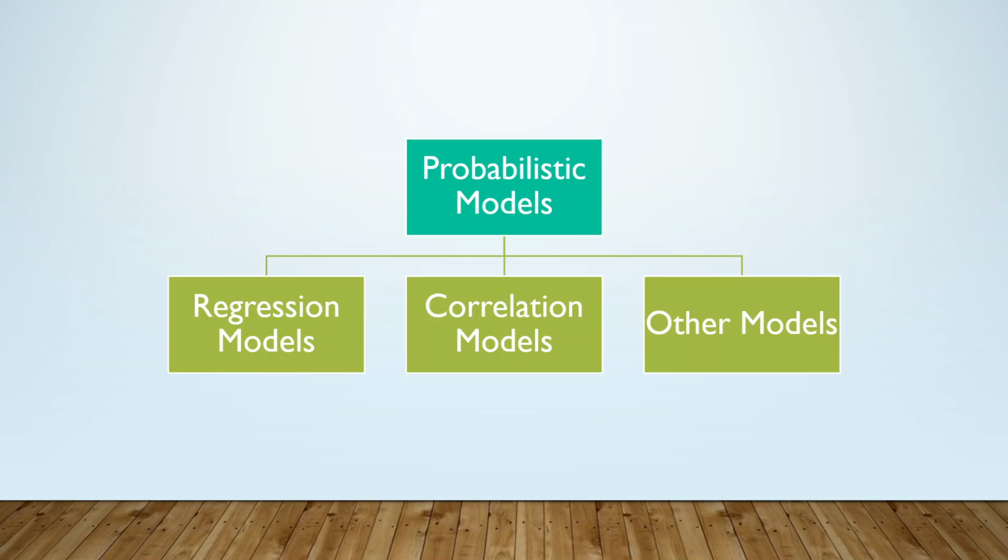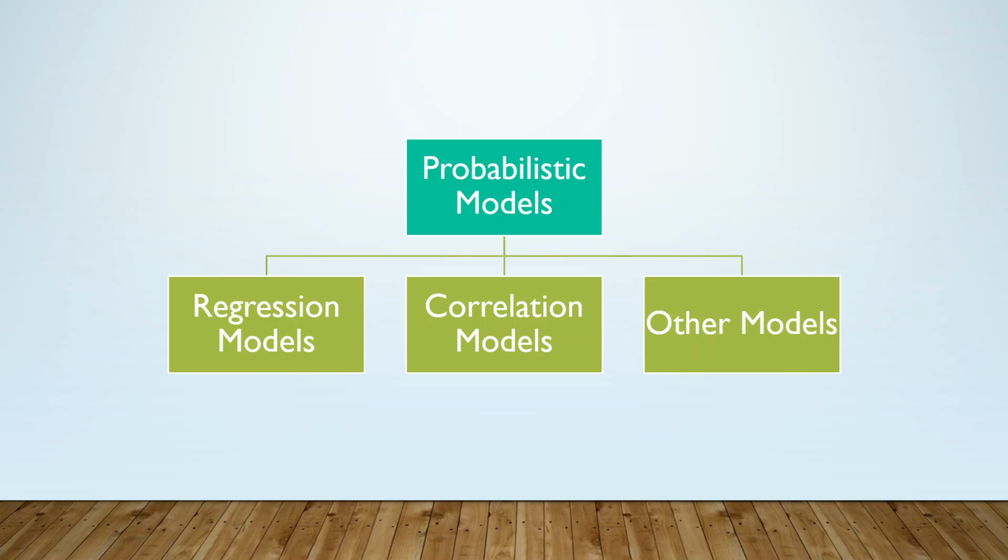Then there is another type, the correlation model, that is used to find out the similarity between two objects. And there are other types of models that fall into the other models category.